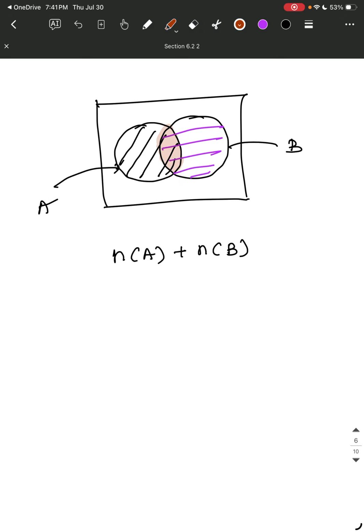To correct the double counting, we subtract the intersection once.